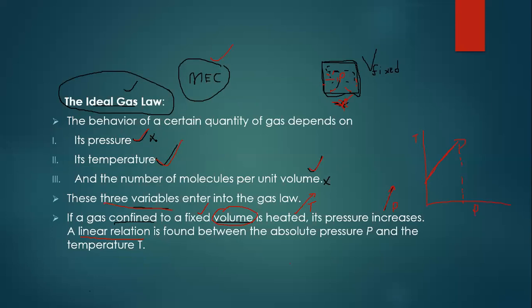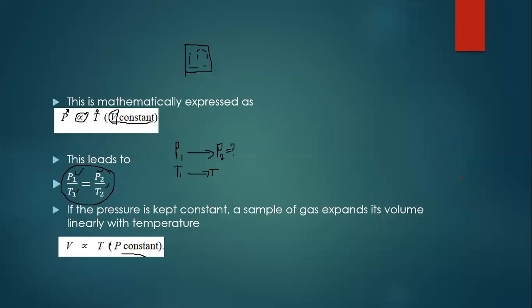How do we remove pressure out of the equation? By putting pressure to be constant. So if the pressure is kept constant, a sample of gas expands its volume linearly with temperature. All right. So what happens in this case?